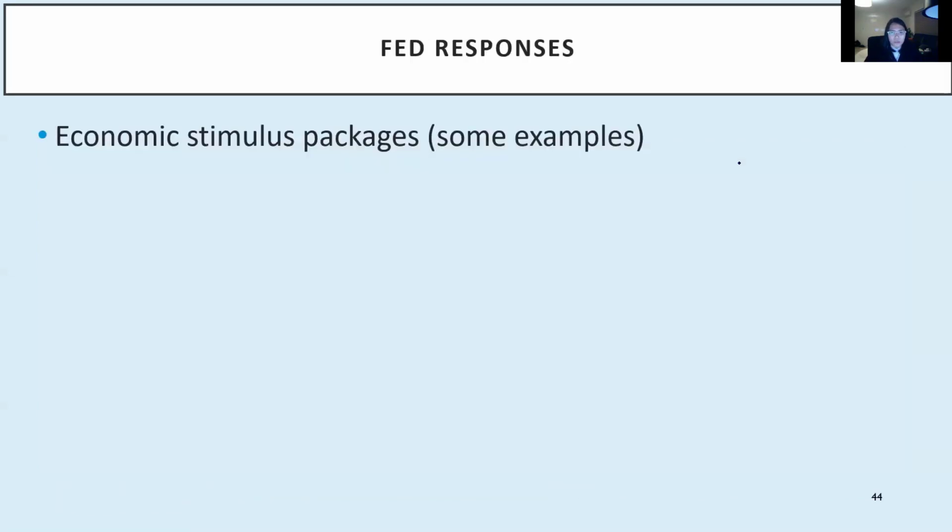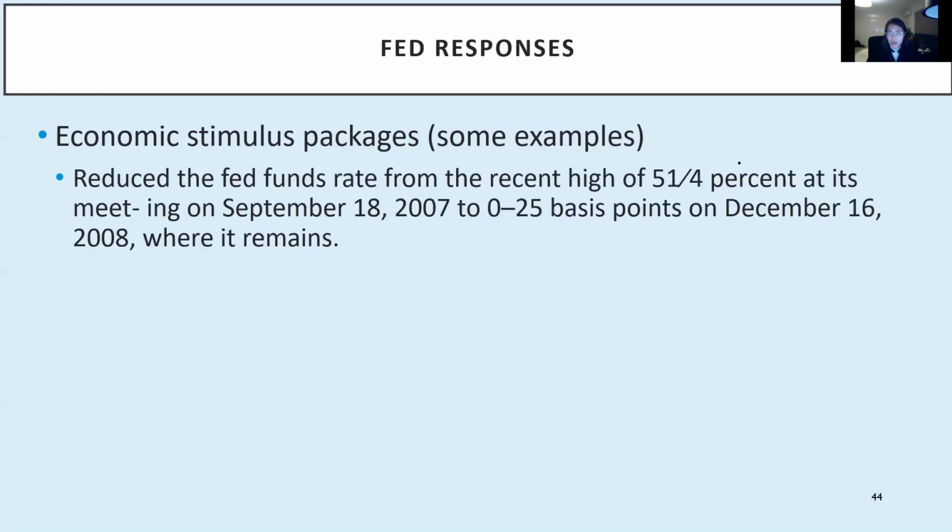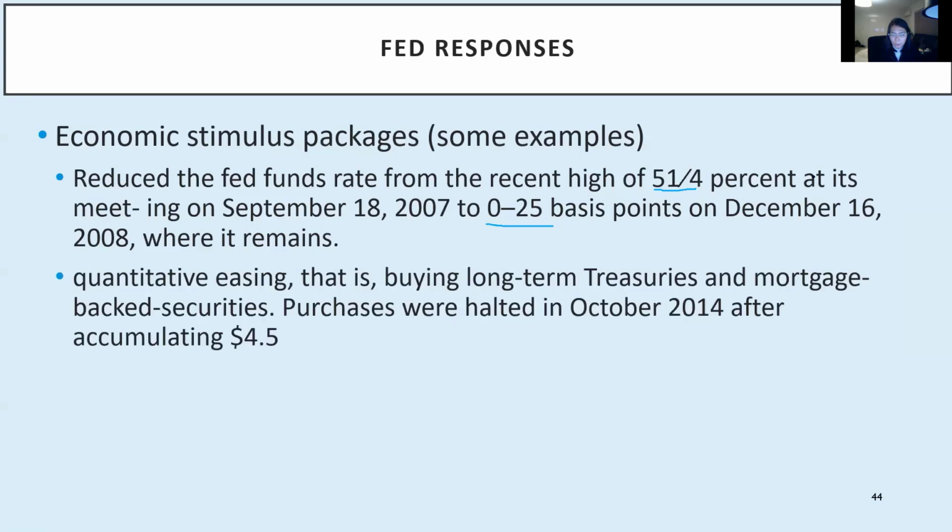In response to these troubles, the central banks around the world introduced a lot of stimulus packages. In the US, for example, they reduced the cash rate, the Fed funds rate, by a lot, from about 5.25% to just 0.25% in 2008, to reduce the funding cost of the banks.